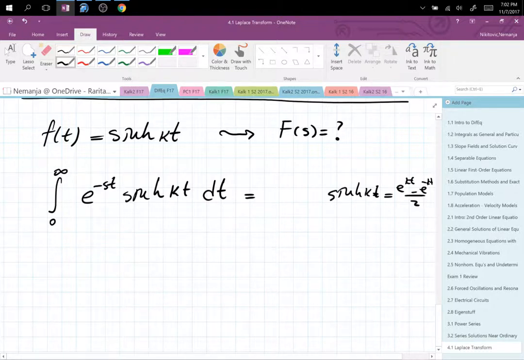So I get to do one of the very cheap problems. The worst problem to do out of the ones I suggested is sine, because you would have to do e times sine, which is integration by parts twice, moving the integral to the other side. So that's the evil one.